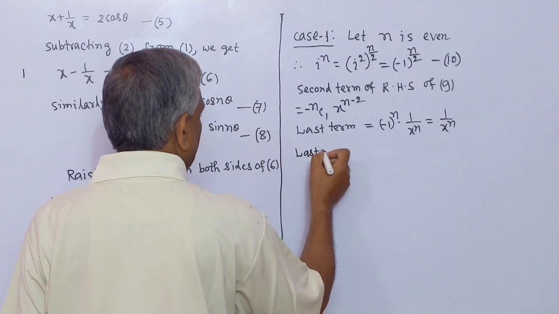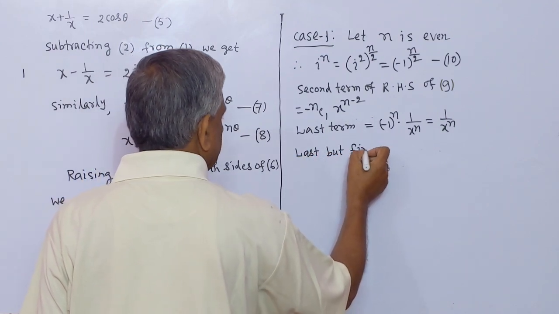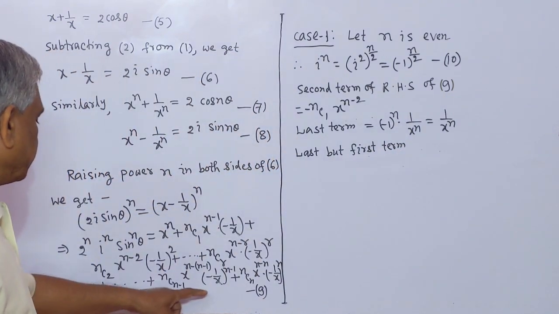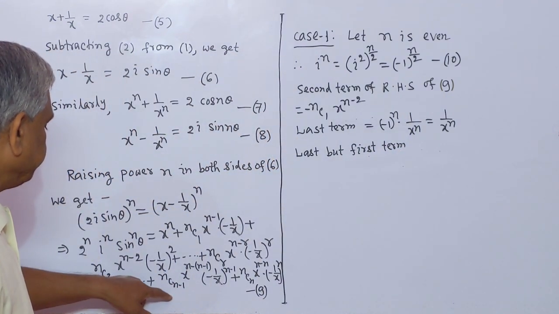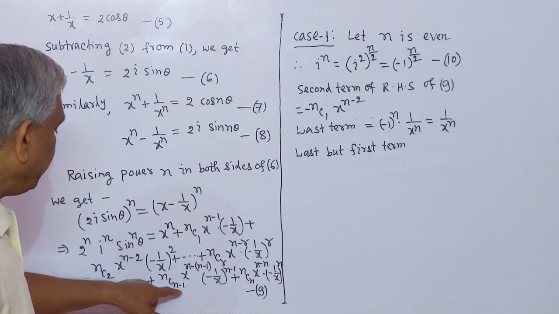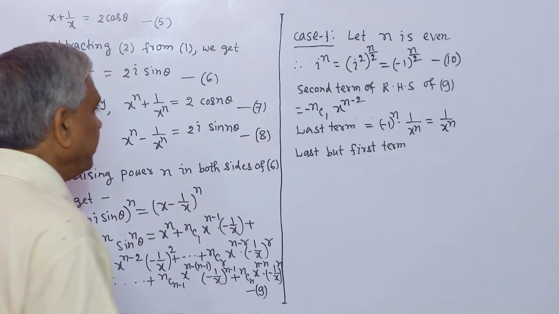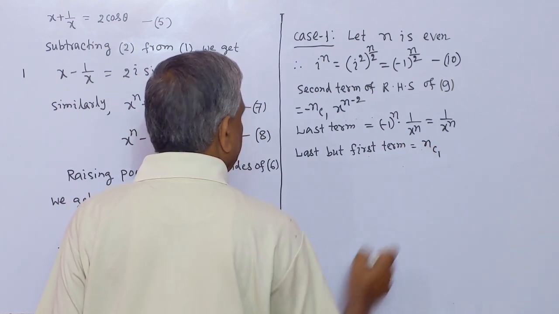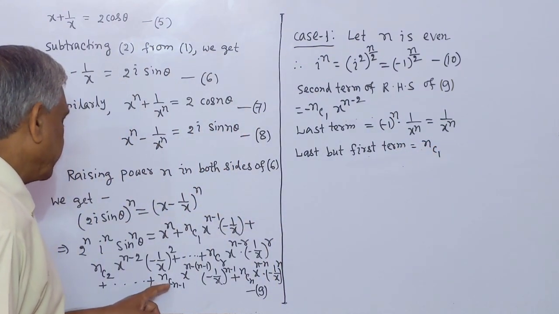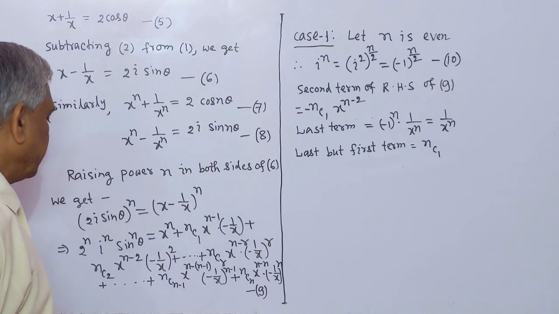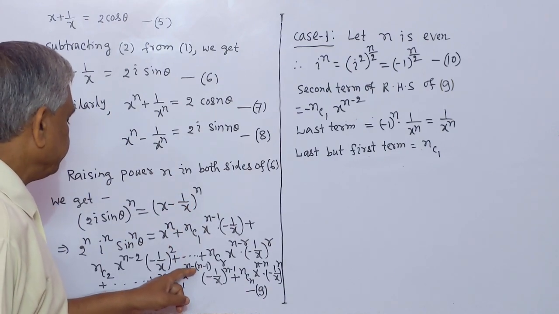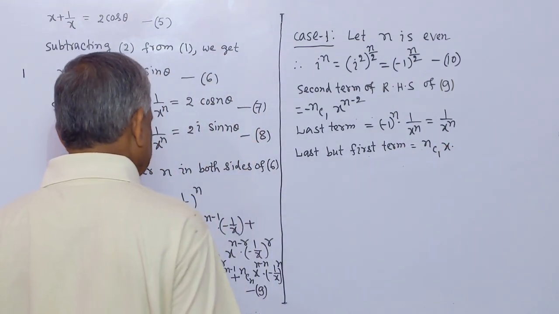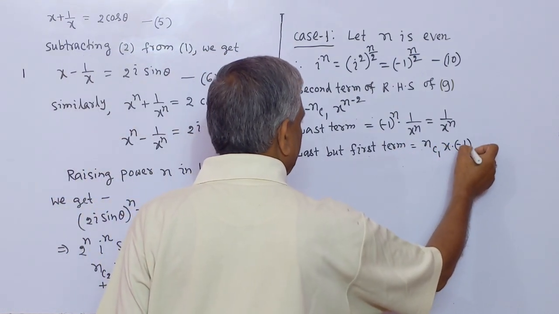Last but first term. This is last but first term. This equal to nC n minus 1, which is nC1, since nC1 equal to nC n minus 1, and this is equal to x multiply minus 1 to the power n minus 1.